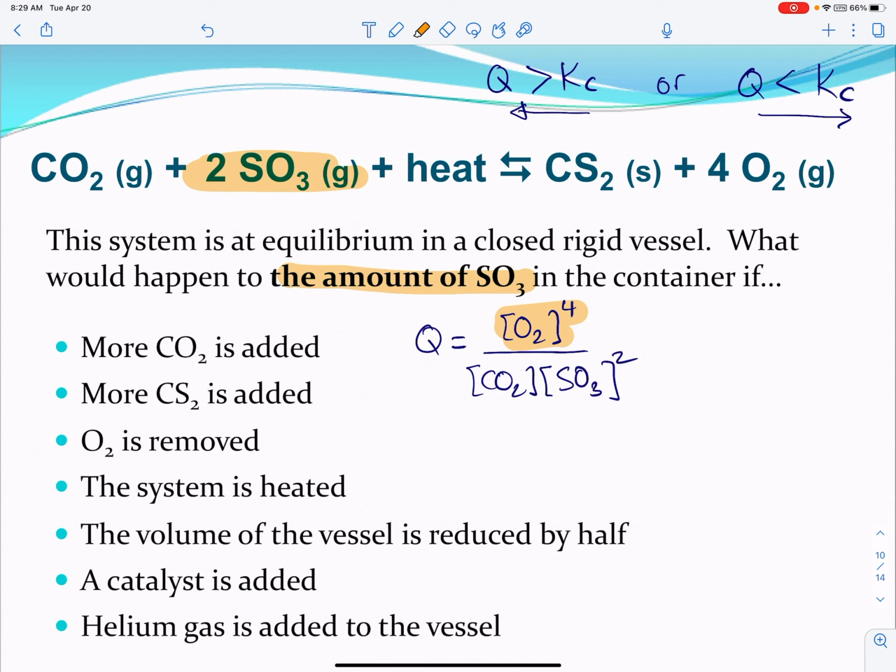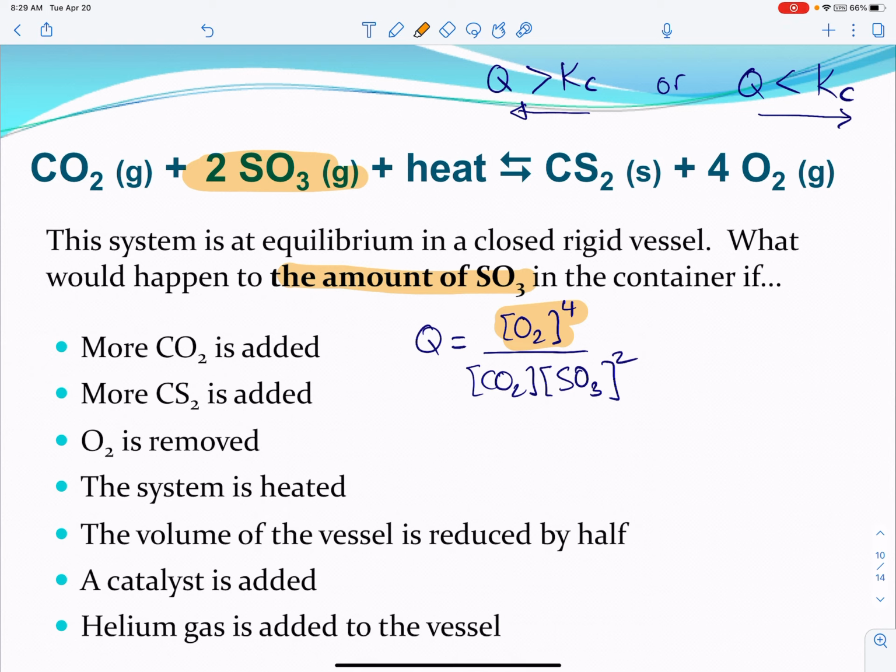The numerator, the top of the fraction, is getting smaller. That means Q will get smaller also. If you have a smaller numerator, the fraction gets smaller. So removing oxygen causes its concentration to drop, and that will cause Q to also drop because oxygen is in the numerator.